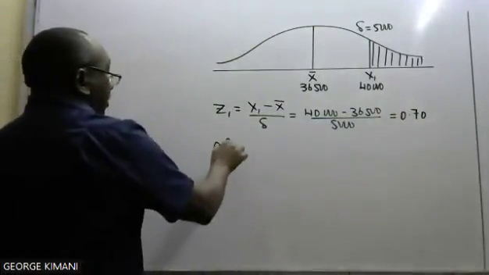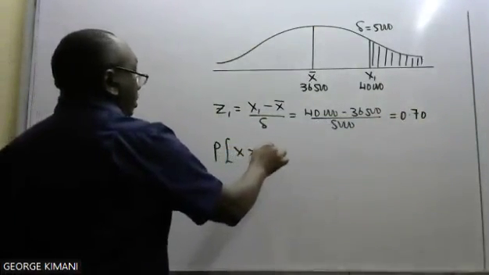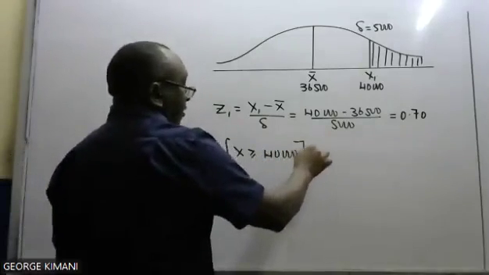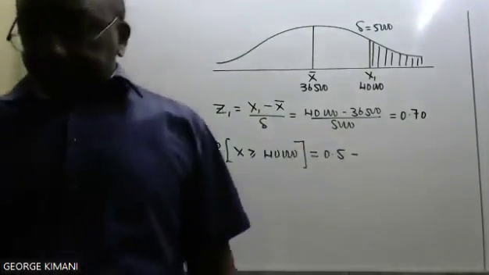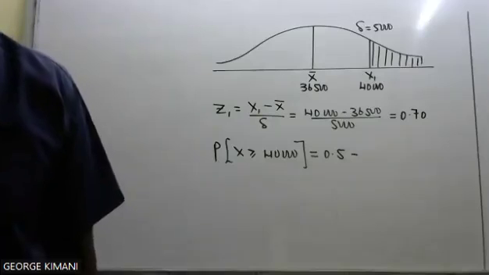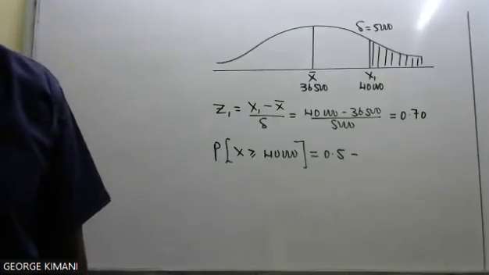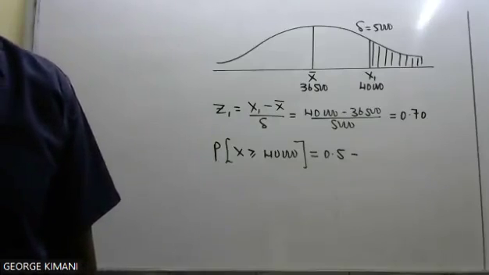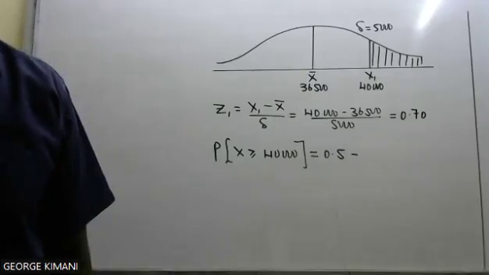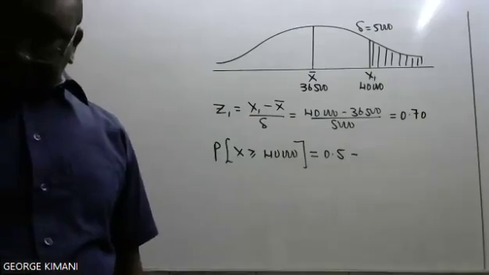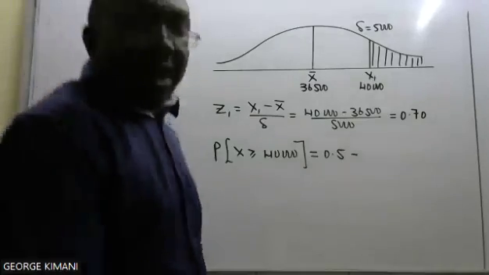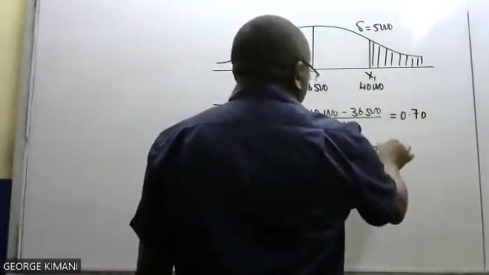So probability that X is greater than or equal to 40,000 must then be 0.5 minus the table value. Go to the table. 0.2580.